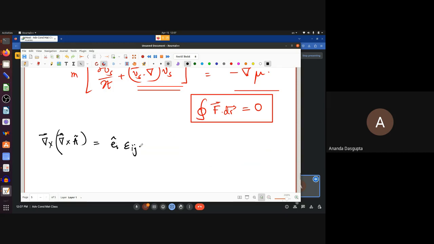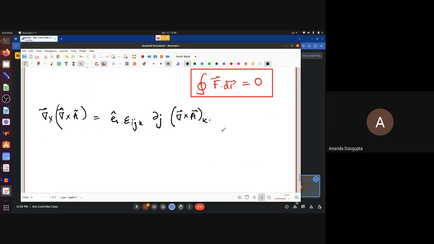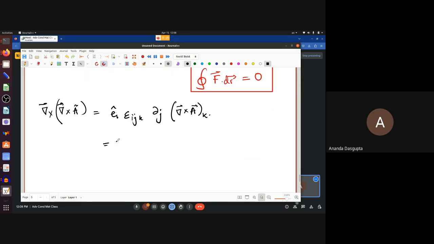I hope everybody knows this. Curl of A is K component. This is familiar to everybody, right?